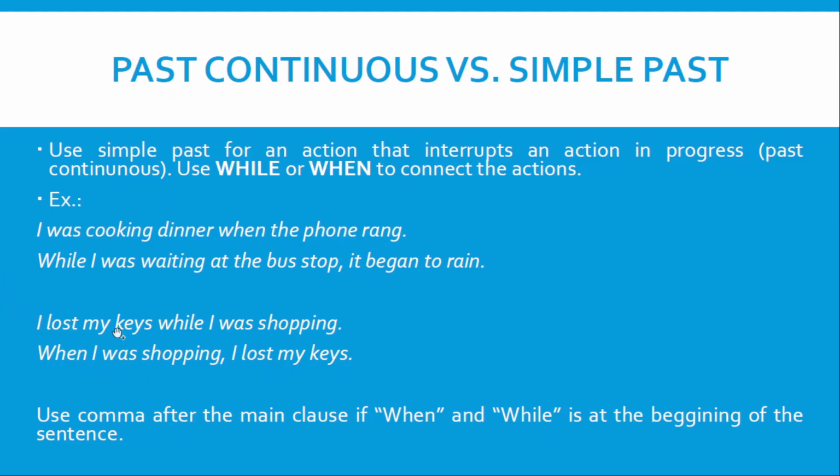Another example, I lost my keys while I was shopping. Or we can change the forms here. When I was shopping, comma, I lost my keys. It's possible to say it by switching the positions of these clauses.